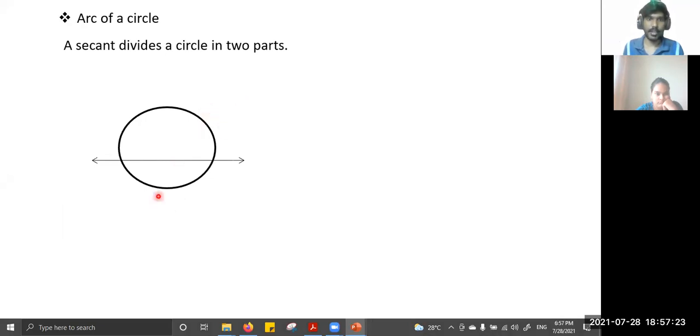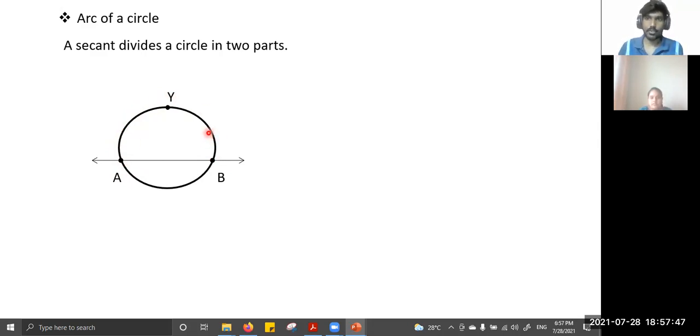The points at which the secant intersects the circle are point A and point B. Now we put one more point here, and this boundary of the circle is divided.